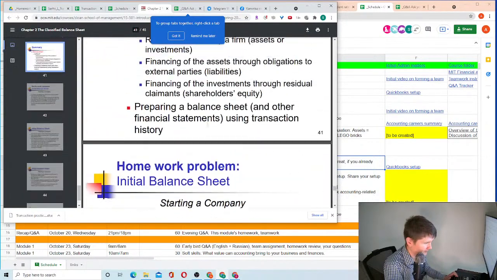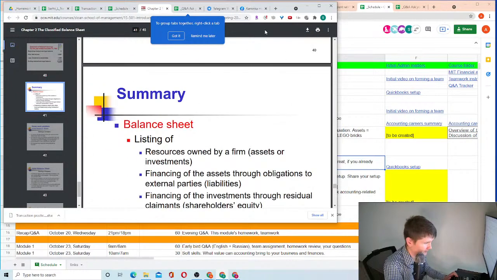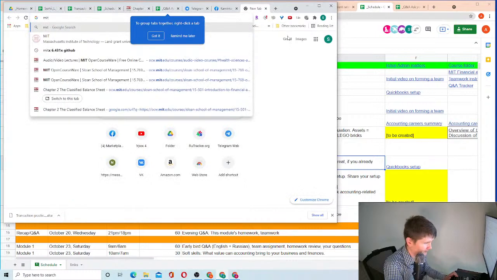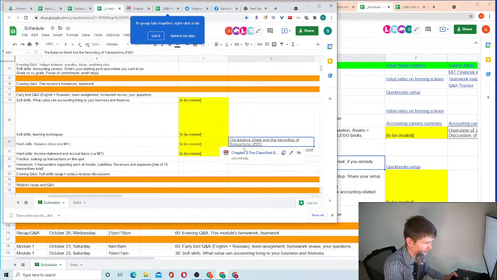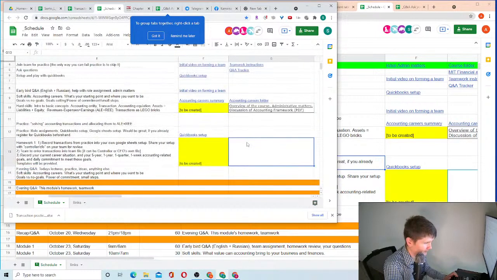Okay. So in order to find homework, let me update it on the schedule. Balance sheet. Okay, homework.